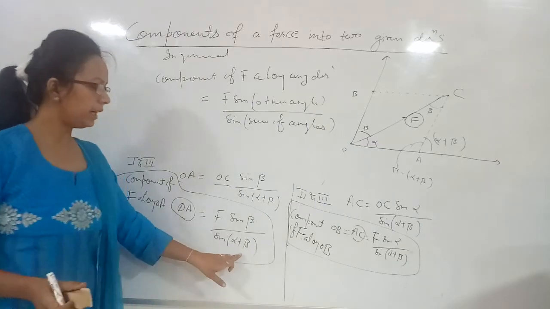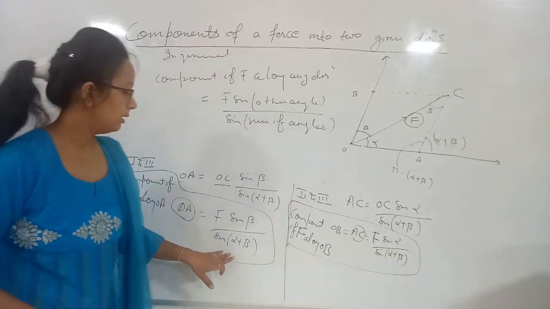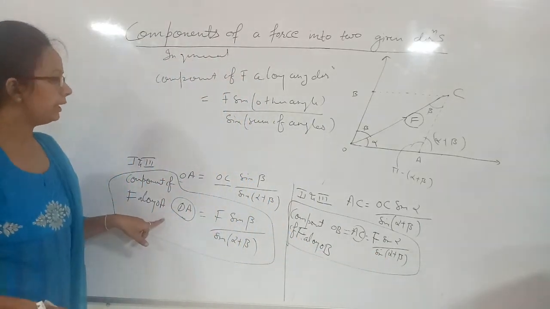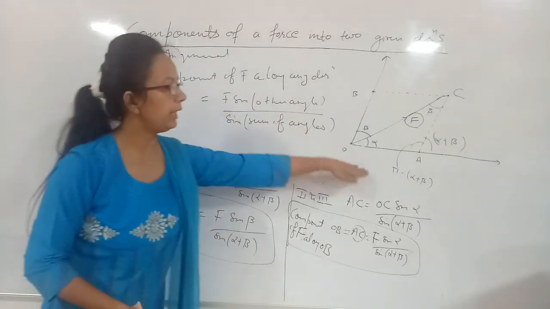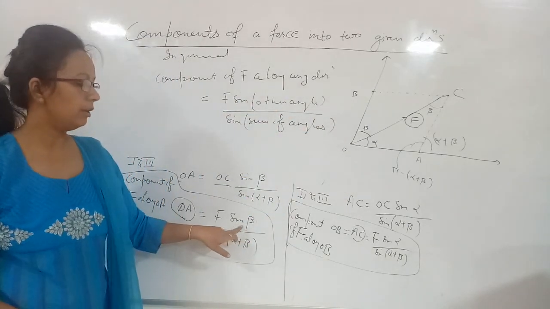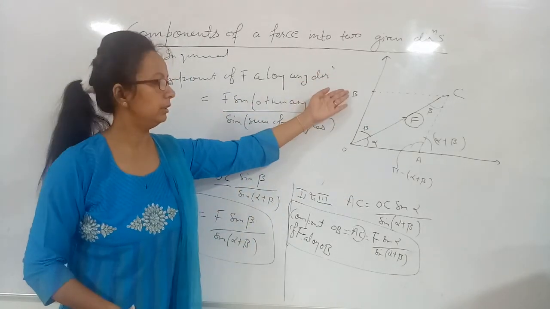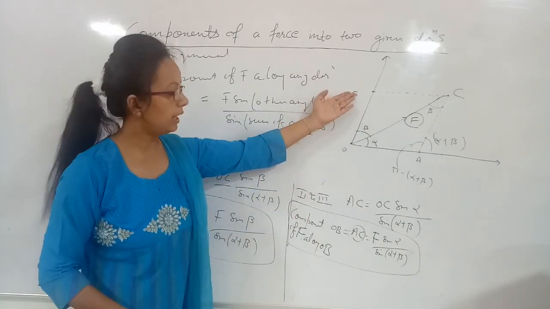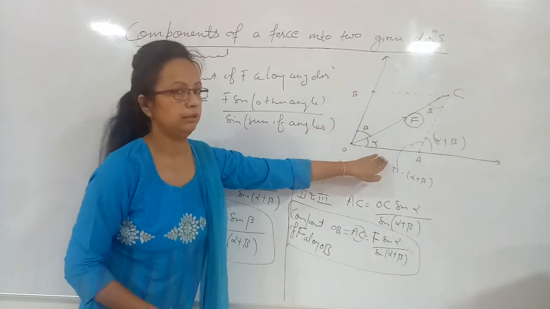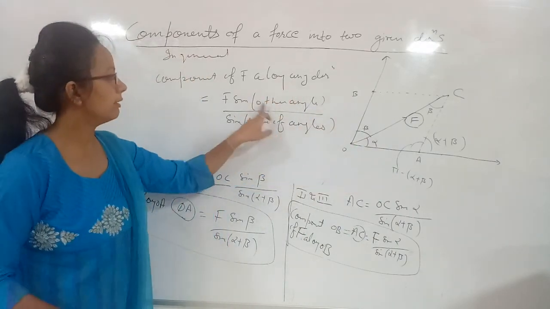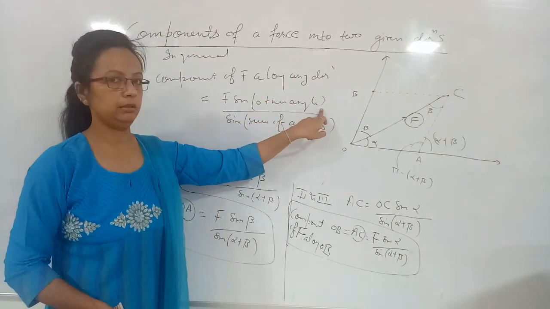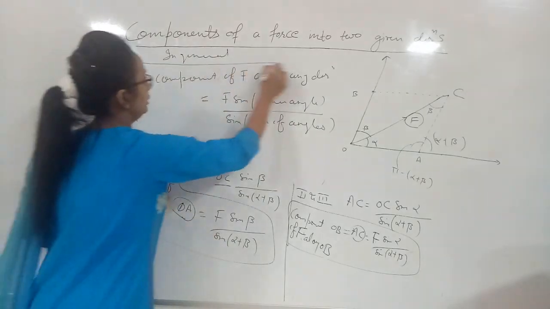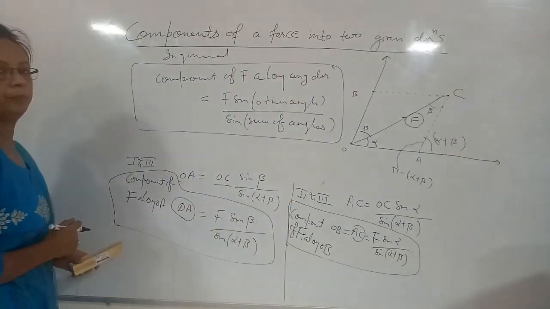So in the denominator we have the sum of angles in both cases, and in the numerator if we are finding the component along OA, then we have sine beta, the opposite angle, and similarly if we are finding the component along OB, then we have sine alpha, means this angle. That's why here we have sine of the other angle. So you have to remember this formula.